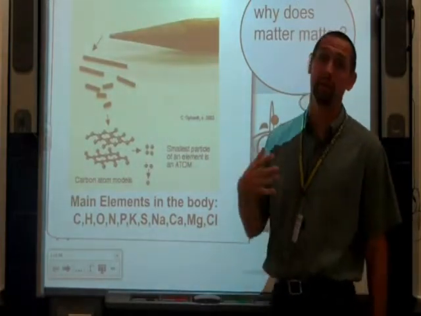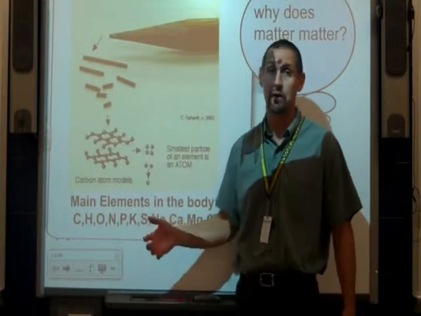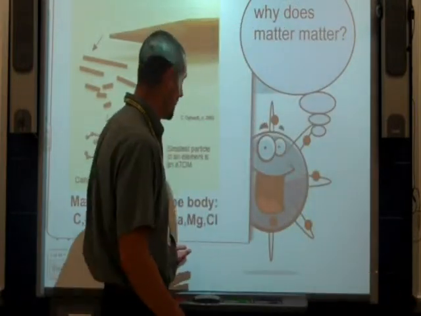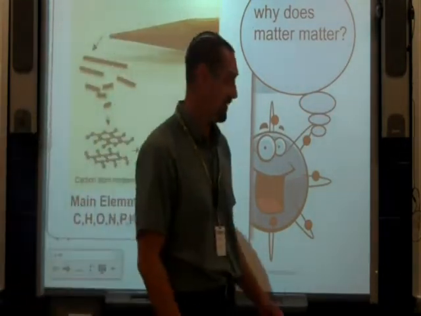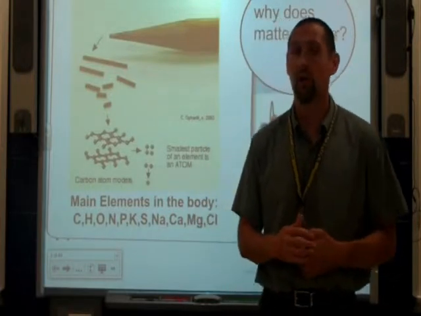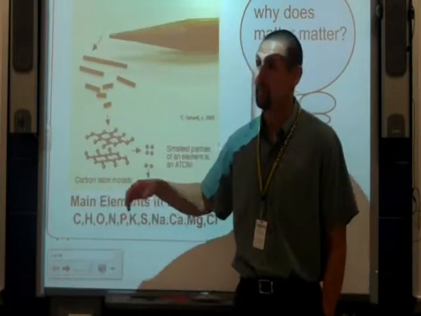Well, the human body is made up of a significant amount of elements, some of which are more prominent than others. So I've got those listed here. Carbon is definitely one of the more common elements in the human body. Carbon is essential for all organic molecules. We call them organic molecules because they make and use carbon as an element.